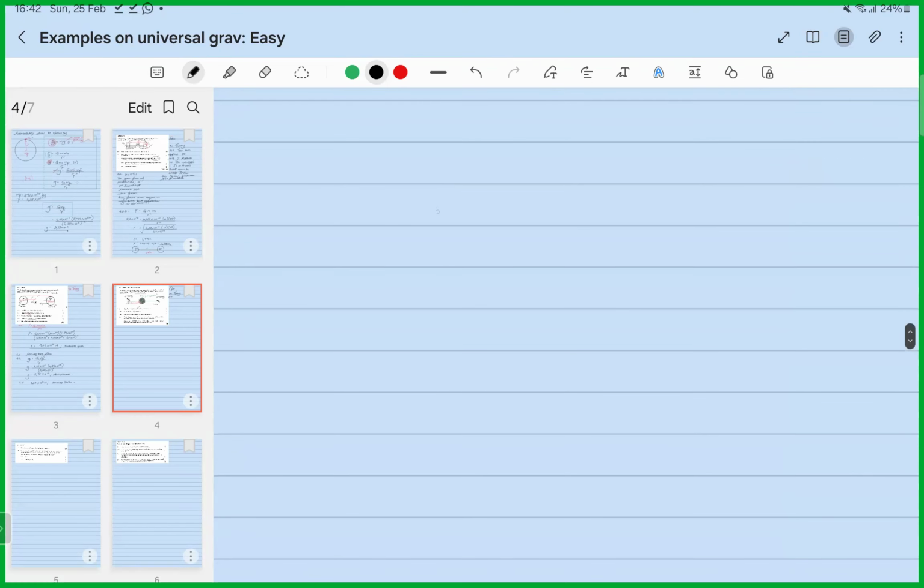So let's assume I have object A here. It's applying a gravitational force on object B. So A is pulling B towards itself. That's the force that A applies on B. Then C on the other side is also going to apply a gravitational force on B. Why?